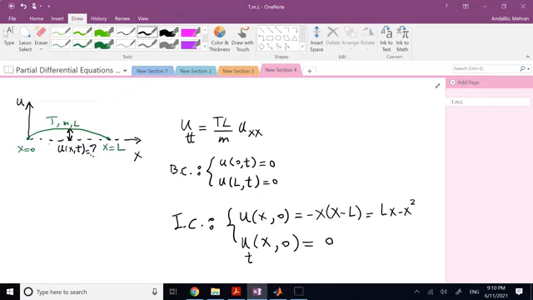Okay, so the method that we are going to use, one of the methods, is separation of variables. What you do is assume this solution, this u of x and t that I want to find, is a function like f of x times a function g of t.